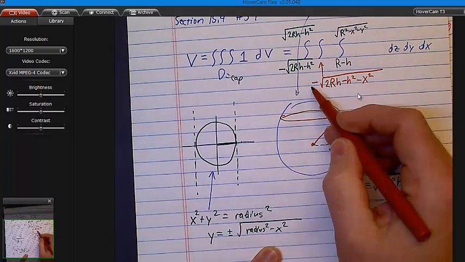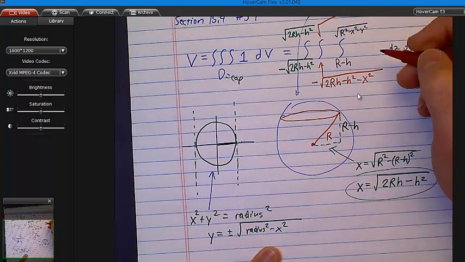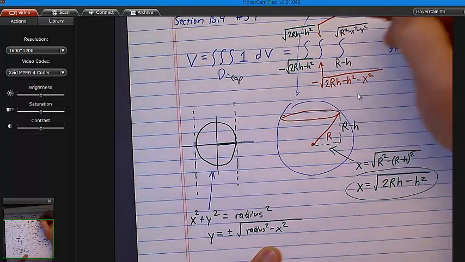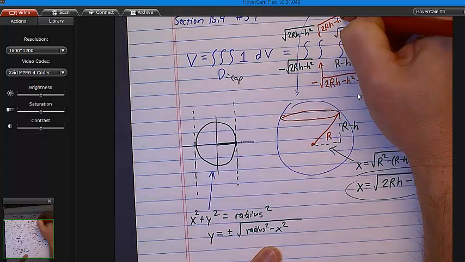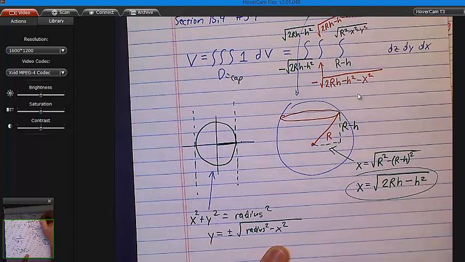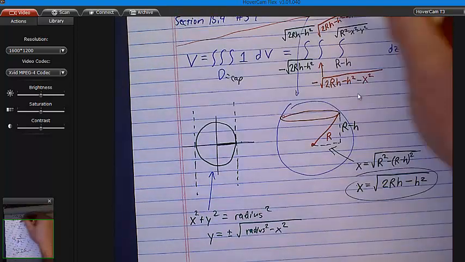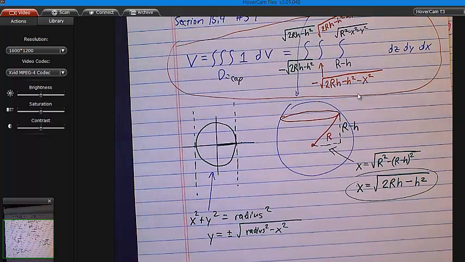Same thing without the negative goes up here. It would be the square root of 2rh minus h squared, and then minus x squared. And so plug that into an algebra computer, it'll work it out for you. And I guess we're out of time.